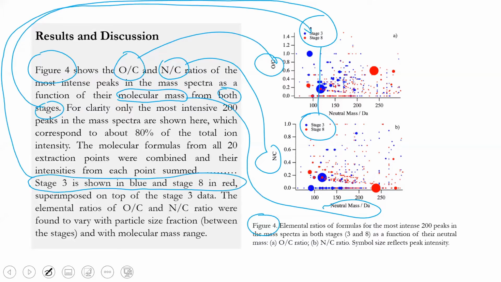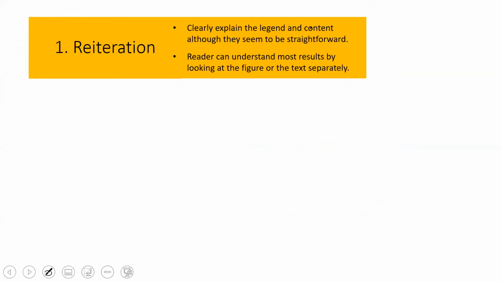From the figure, I can see stage 3 is in blue and stage 8 is in red. But you have to say it in the text. So that's called integration. You have to clearly explain the legends and content, although they seem to be straightforward. So readers can understand most results by looking at the figure or the text separately.